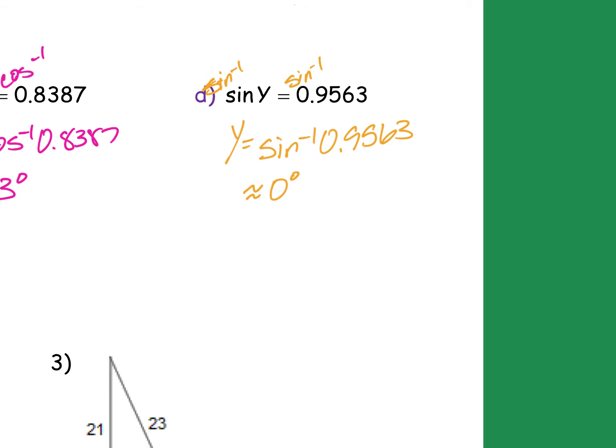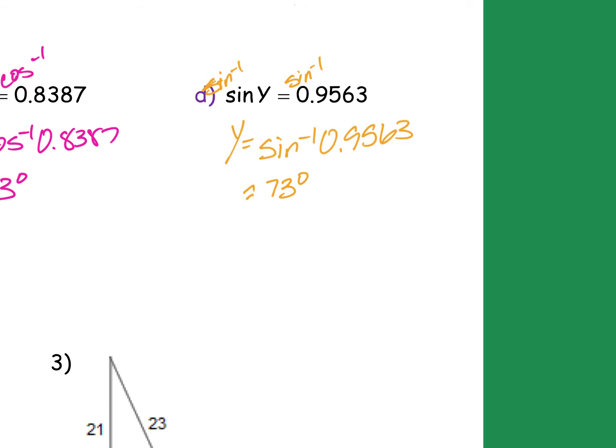So function, sine inverse of 0.9563. That's 73 degrees. Oh my gosh, I was looking at number 4. I looked at straight number 4 and saw 2 degrees. 73 degrees.